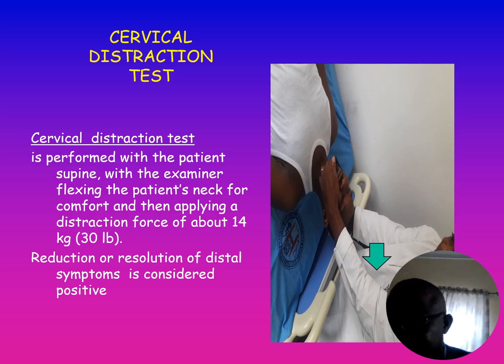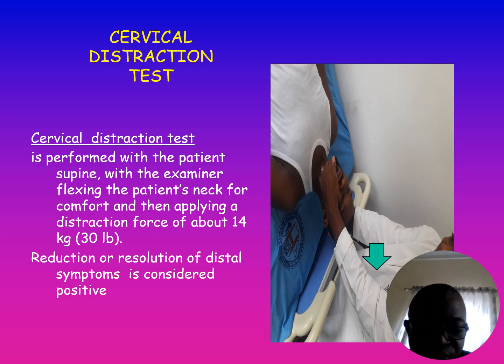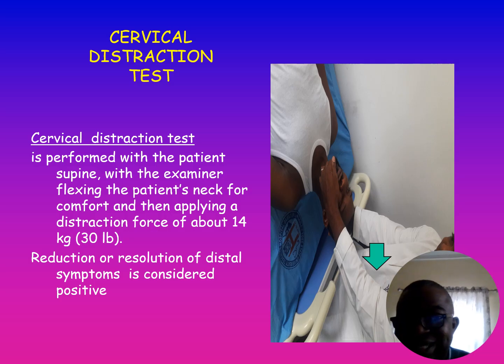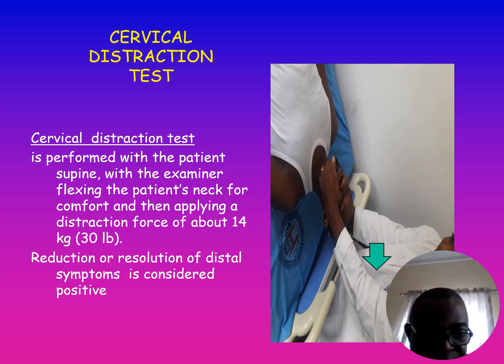Now, just like I said for the Spurling test, you also need to know when the cervical distraction test is needed. The Spurling test is not needed when the patient is feeling symptoms in his upper extremity, but the cervical distraction test is needed when the patient is feeling symptoms in his upper extremities.